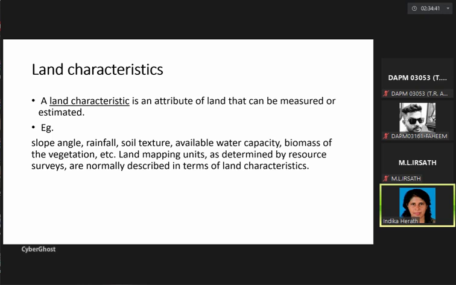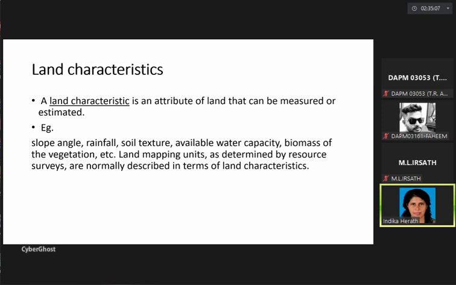It is the angle of the land. And also rainfall. We have discussed in detail the climatic factors. Rainfall can be measured, and the slope is also possible to measure. And soil texture is the particle size distribution in soil when it comes to land.